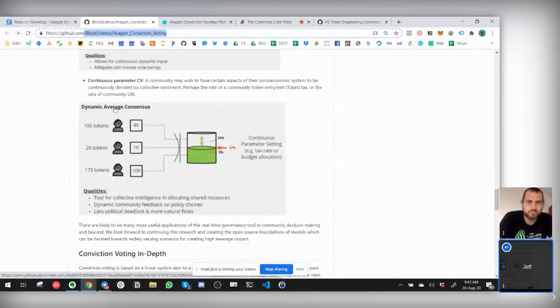There's also a different version, like dynamic average consensus. This one doesn't actually pass proposals. It would just determine some continuously set parameter within the community, maybe a tax rate or a budget allocation for a certain department. You could have it ranging between certain percentages based on the token weighted preference of community members.